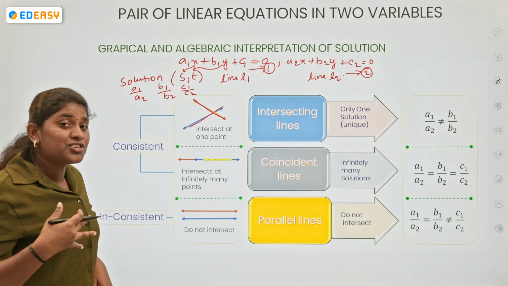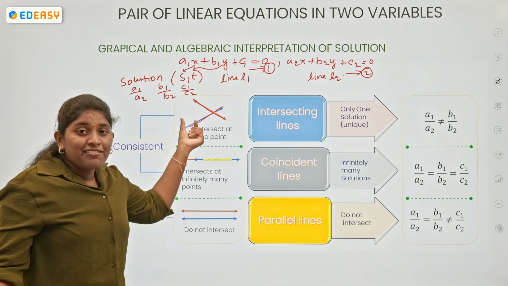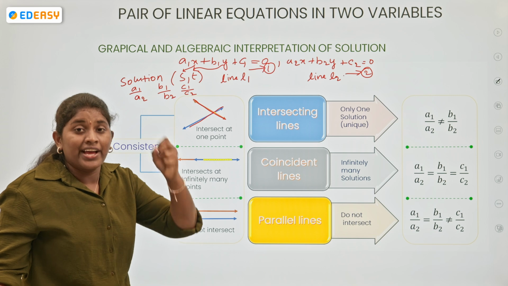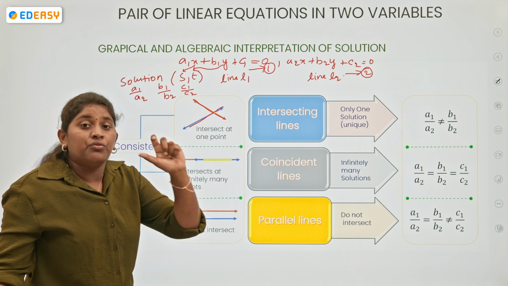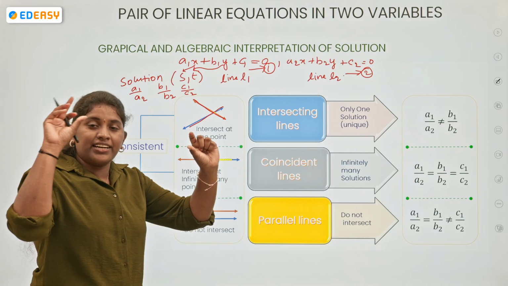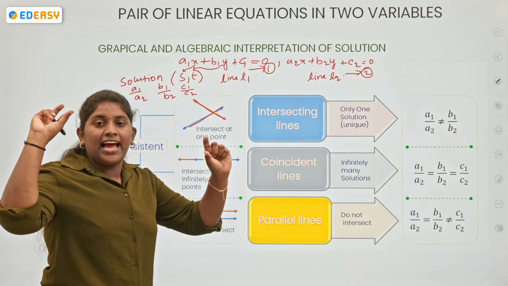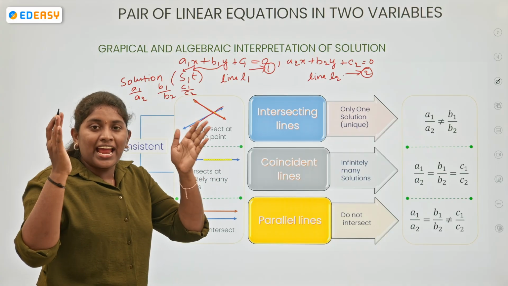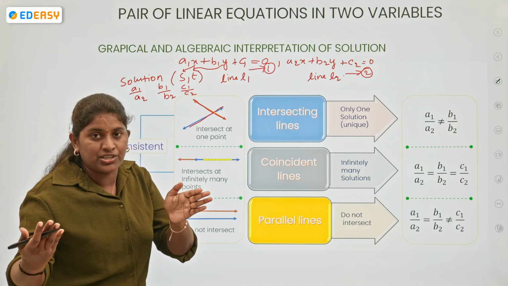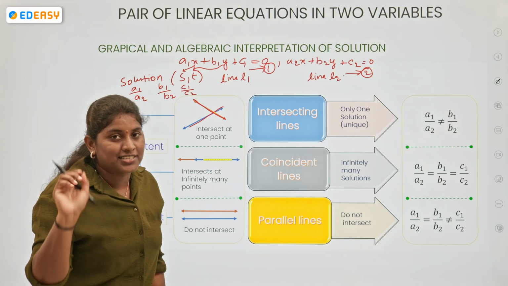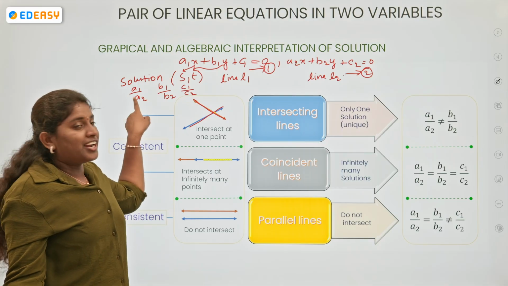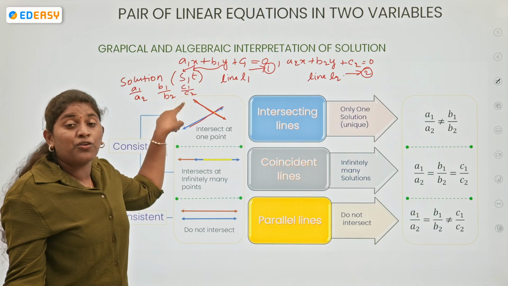Why are we taking the ratios? Taking the graph for linear equations will be difficult and time taking, right? Instead of that, we can take the ratios of coefficients of x, coefficients of y and the constants, and finding the relation between them to determine the type of solution will be easier. For that reason, we take the ratios of coefficients of x, coefficients of y and constants.